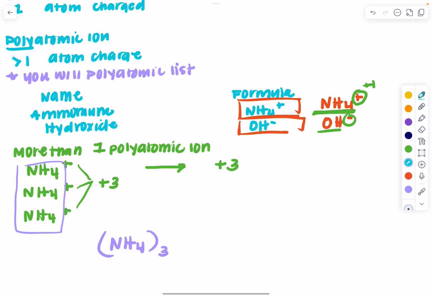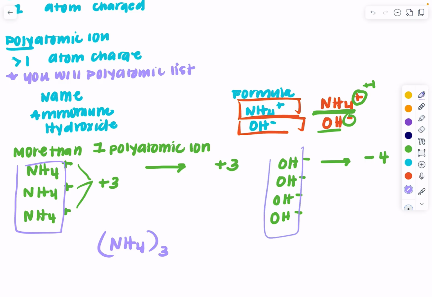If we wanted to get OH minus to -4 or something like that, that means that we need 4 OH minuses. Again, we don't want to write like just OH4. We want to put this in parentheses and write 4.